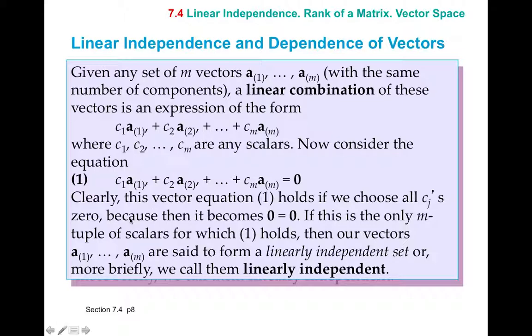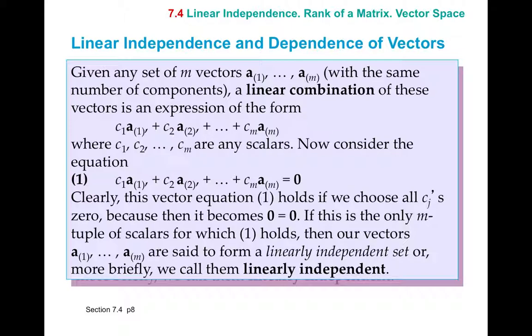If on the other hand there's some other set of coefficients that we could choose where they are not all 0, so maybe all but 2 of them are 0, but if we choose those 2 to be a certain value, we end up with a 0 solution, then we do not have a linearly independent set of vectors.